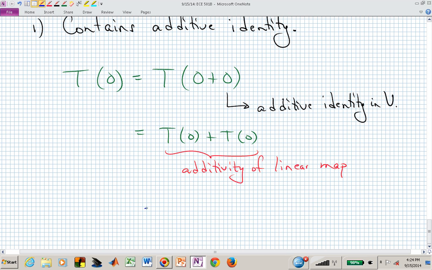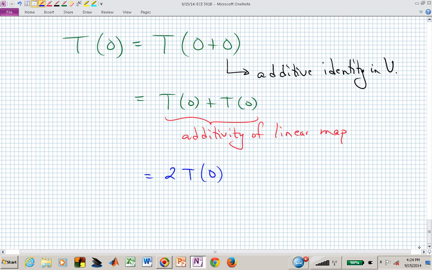And that says then that we have 2 times T of 0. But if something is equal to twice something, what's that something? 0.